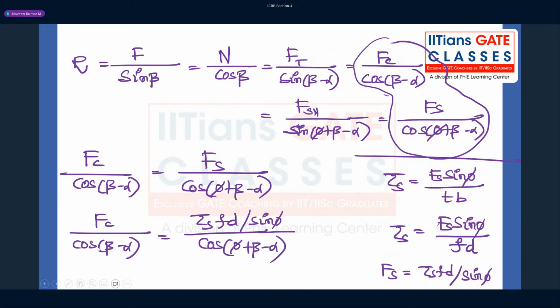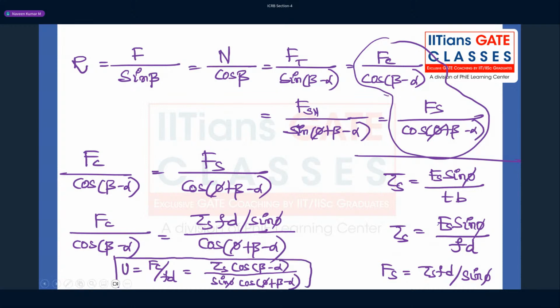So Fc divided by f d is equal to tau shear stress into cos beta minus alpha divided by sin phi into cos phi plus beta minus alpha. Of course this is your specific cutting energy, and this is the answer.